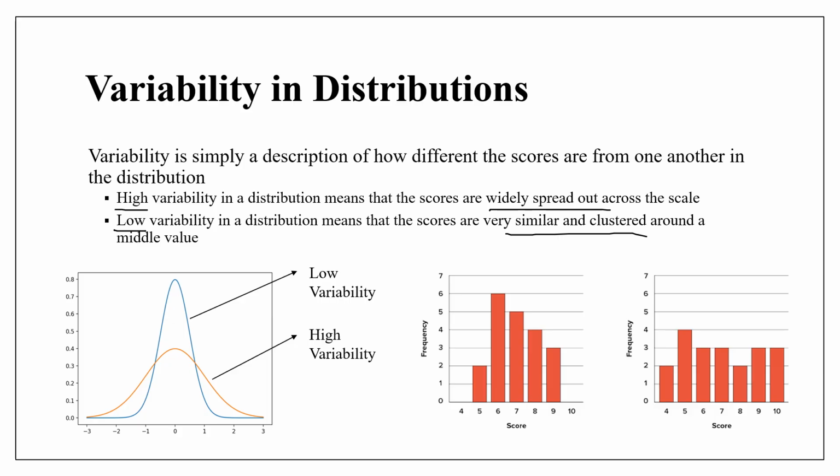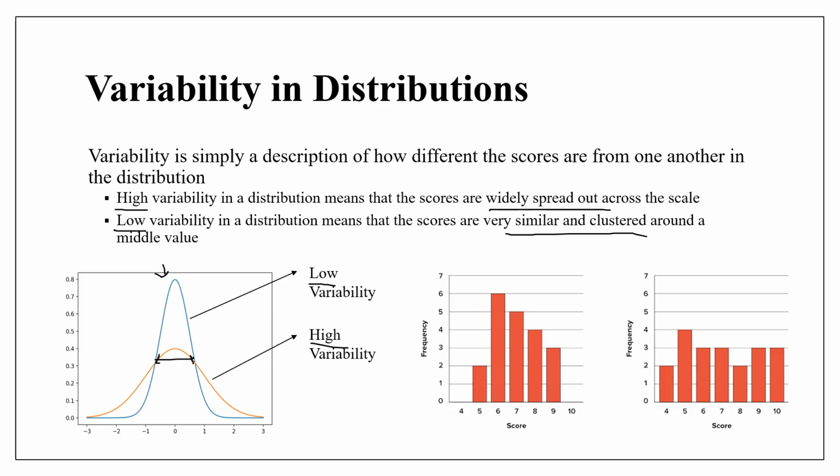So here we have a visual for this. Again, we have the blue line distribution that is representing low variability. And we can see that this distribution is very narrow. Visually, again, it looks very narrow. If I were to measure the width of this distribution, it is going to be smaller than the one for high variability.